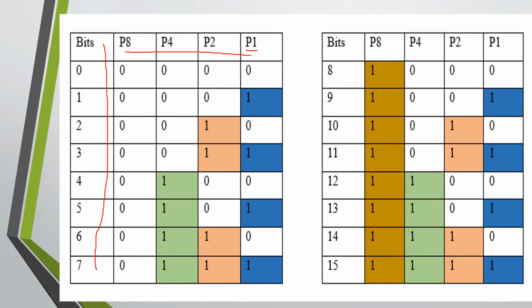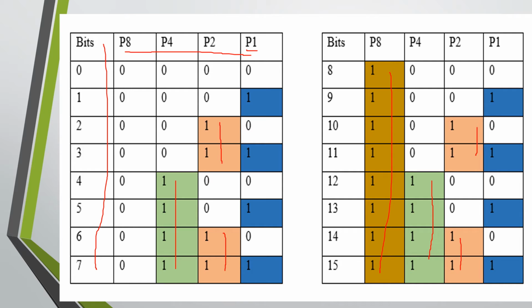To find the value of P2 use position numbers 2, 3, then 6, 7, 10, 11, 14, 15. To find the value of P4 use 4, 5, 6, 7, 12, 13, 14, 15. And to find the value of P8 use 8 to 15.